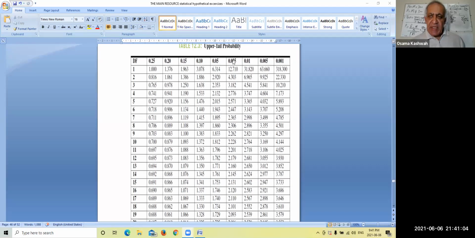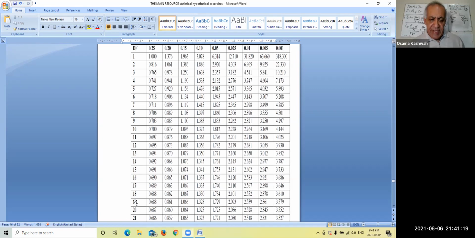This is the T tabulated now. We go for the degree of freedom, which is n, the sample minus 1. Sample is 20. When we deduct 1, then we will look for 19. Here we go. This is the 19.